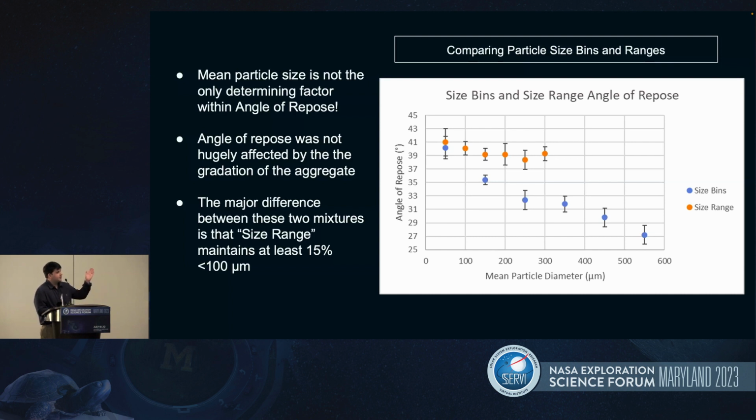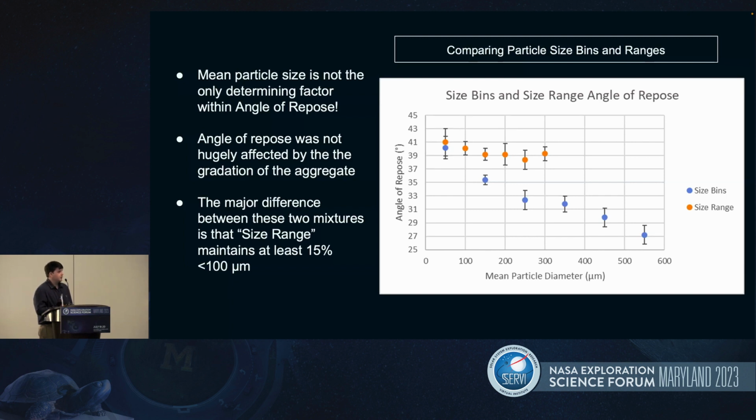And you can see that even with the mean particle size being the same, the particle size distribution trials remained pretty consistent in the 39 to 41 range, whereas the bin sizes decreased, the angle of repose decreased.